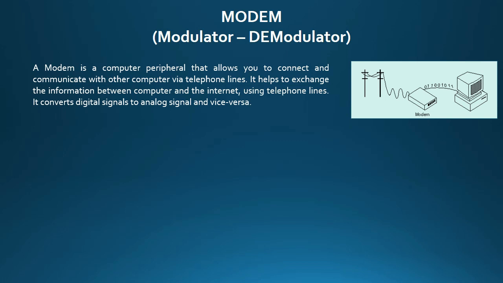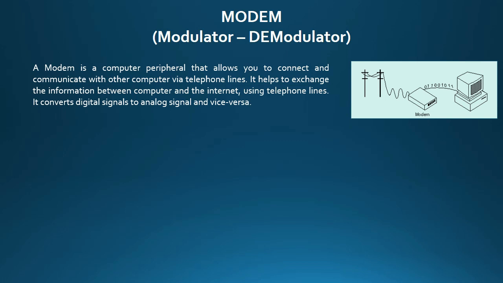Normally we call it binary numbers. So this will be converted into digital signals, and then only it can be given for the computer to work on. All right. So because of the modem, the signals are converted from analog to digital, and the reverse also, from digital to analog.